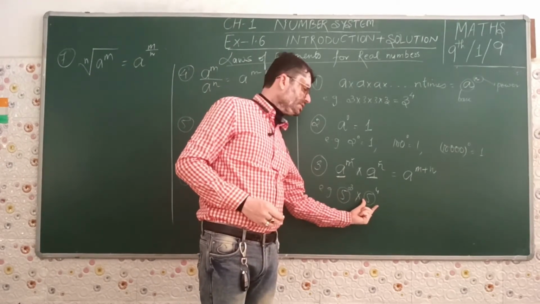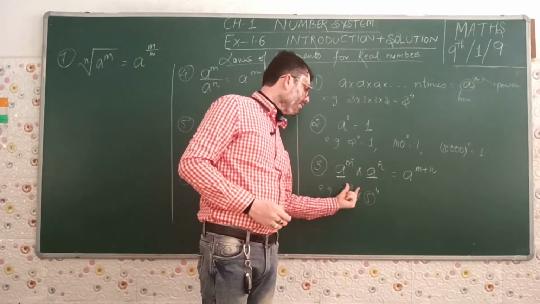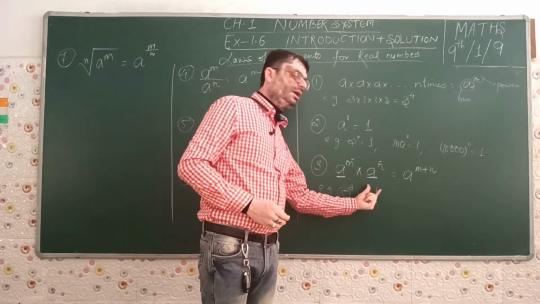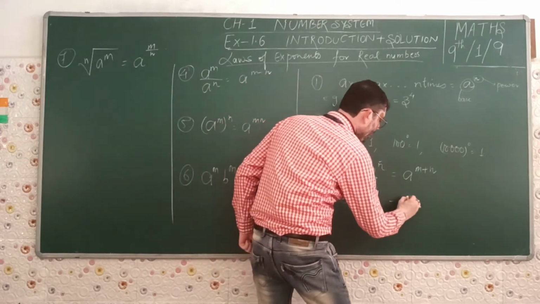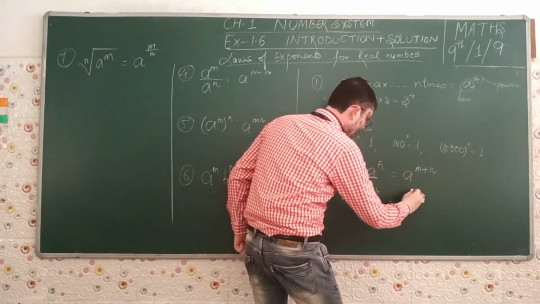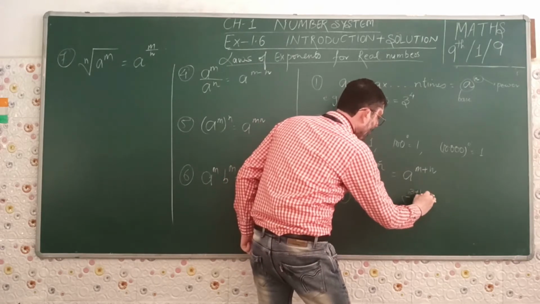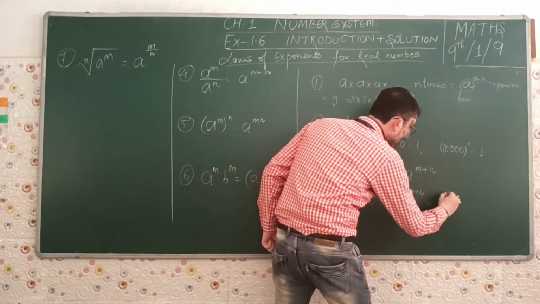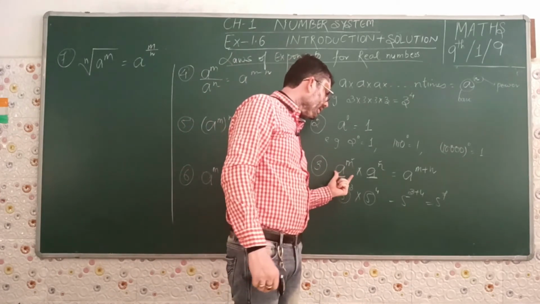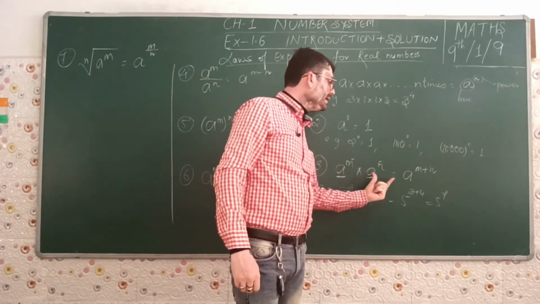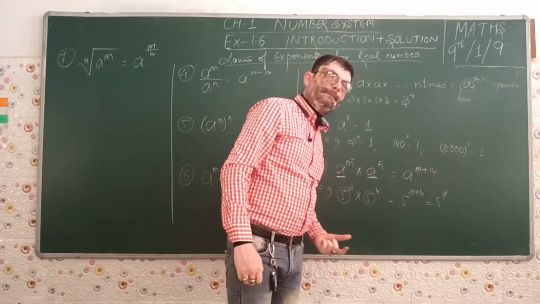The only thing that is changing is for the same base we have two different powers, 3 and 4. That means this would have been written with the same base 5 and the powers are added. So this becomes 3 plus 4 and you can get 5 to the power 7. A to the power m into A to the power n is A to the power m plus n.